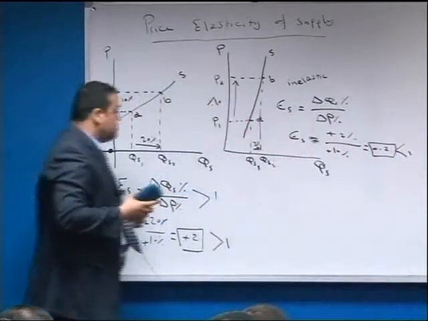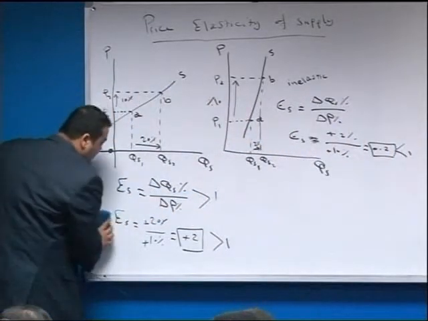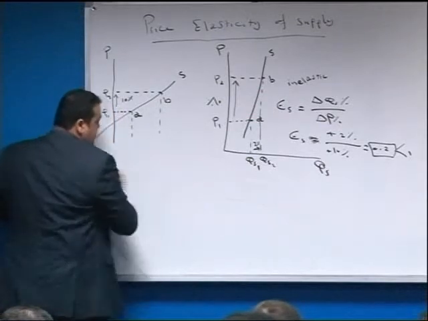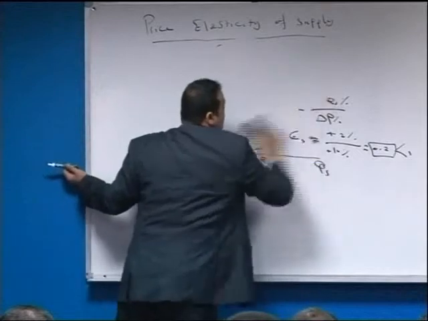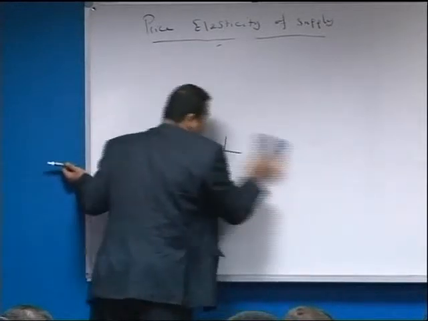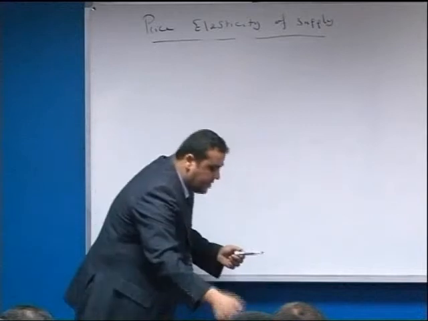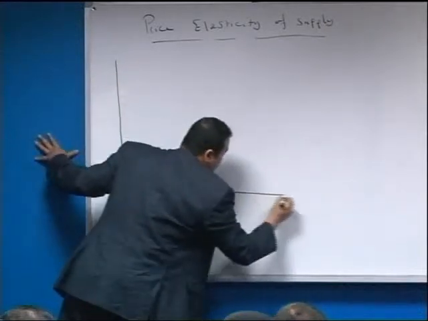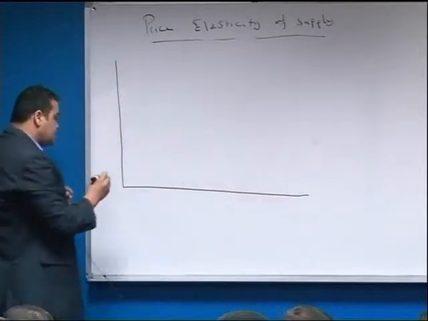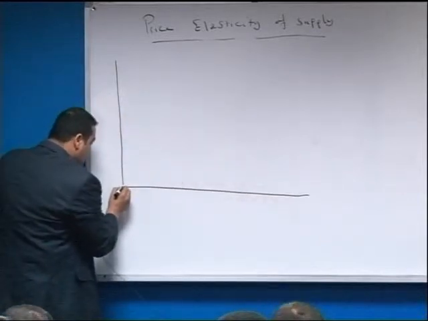The third case is when supply is unitary elastic. When supply is unitary elastic, it starts from the 0 point.